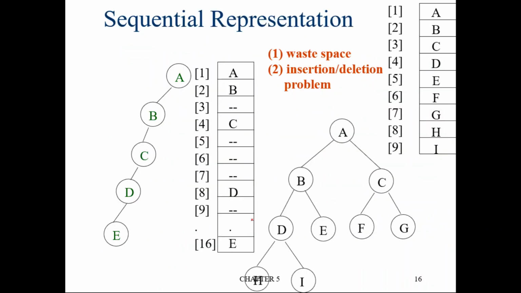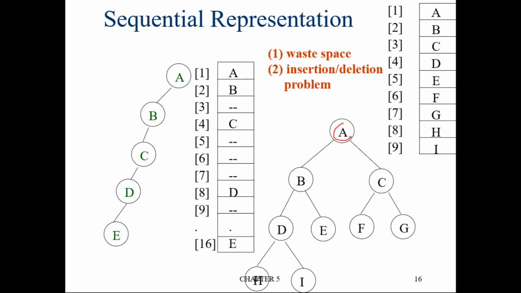For example, you can take this tree and traverse in pre-order or in order or whatever it may be. Say if you traverse this tree in order, how will you do? In order means left, root, right. So first you have to visit the leftmost child.